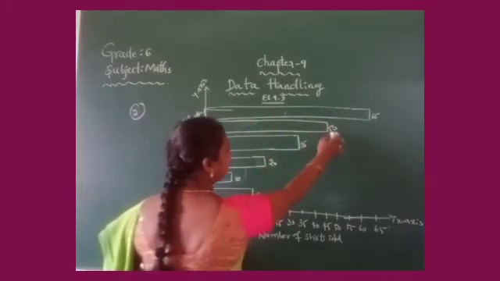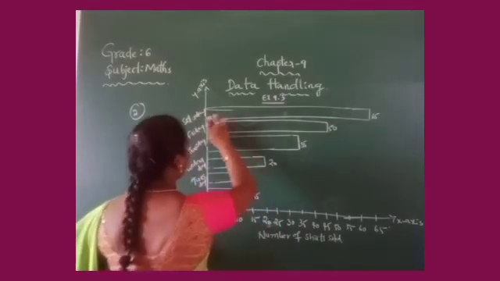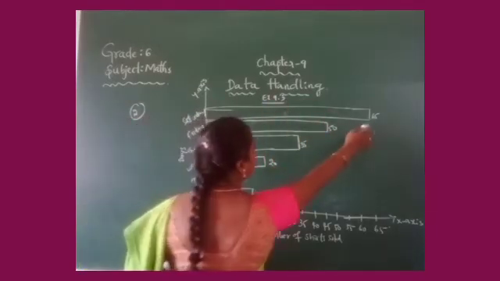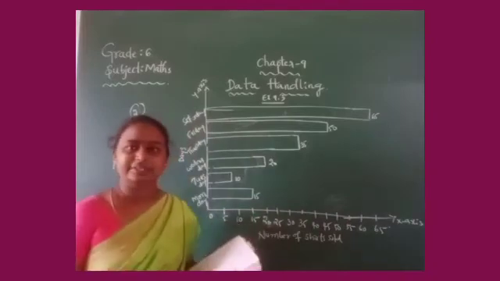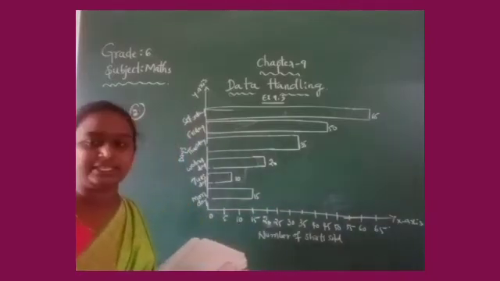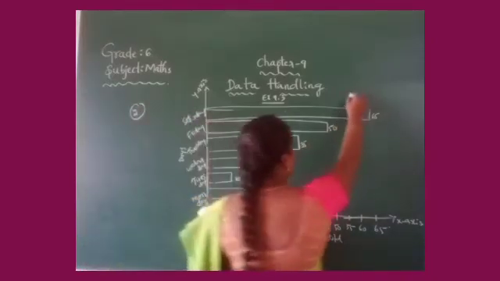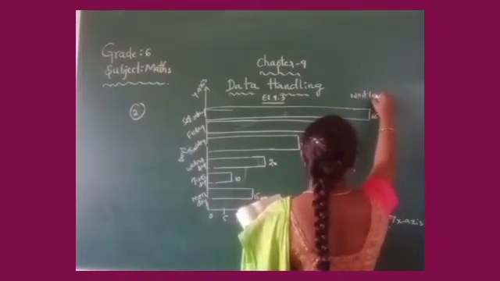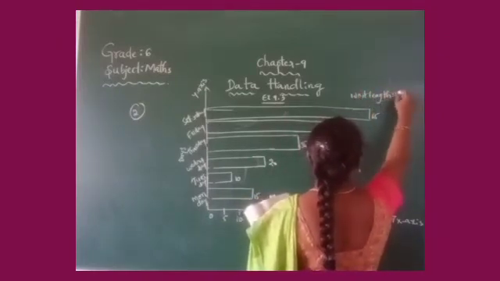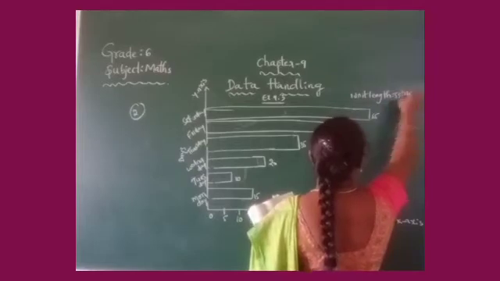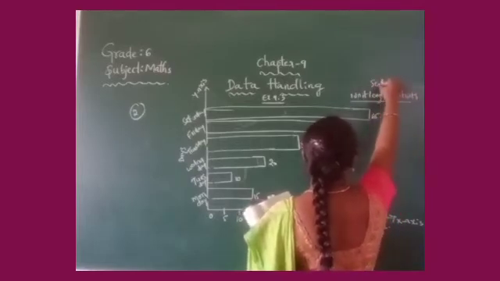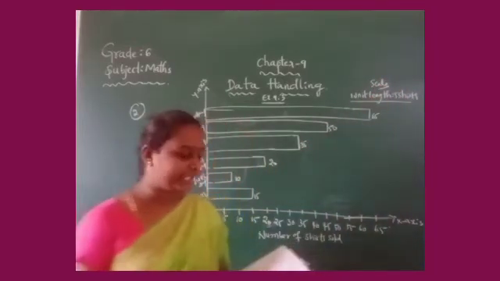Friday, 50. And Saturday, 65. And what is the scale here? Yes, very good. 1 unit length is equal to 5 shirts. That is the scale.